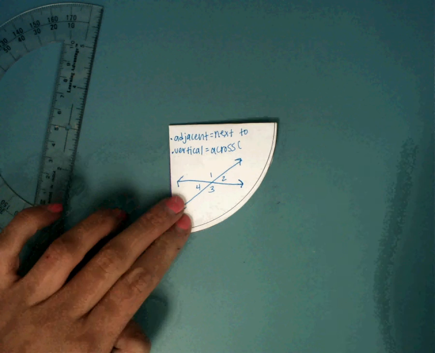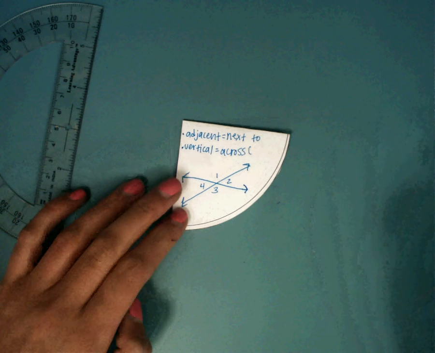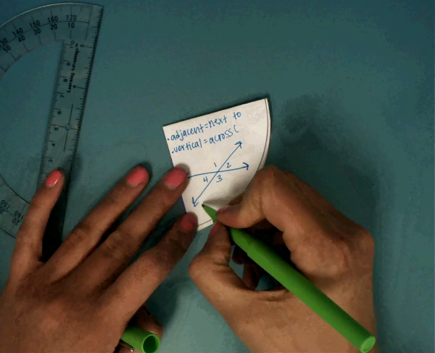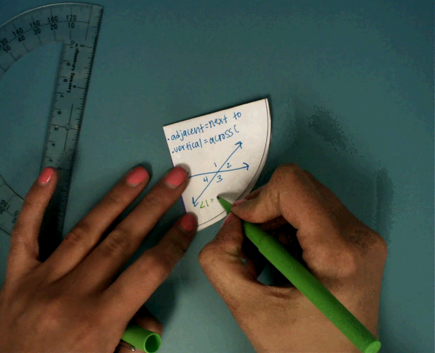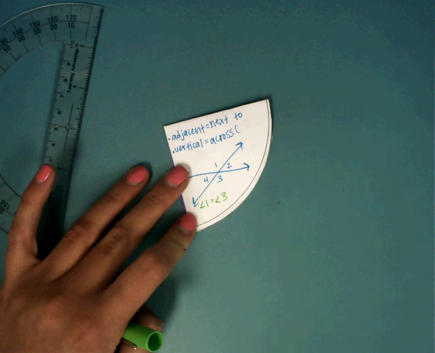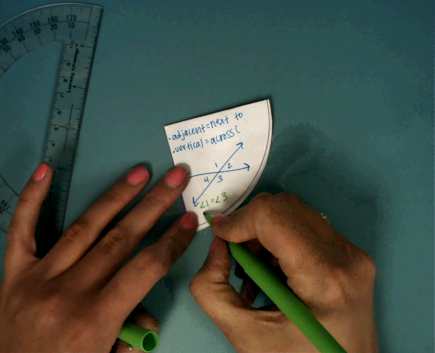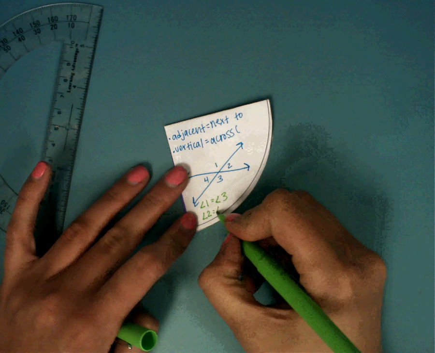So in this situation, angle 1 is going to be equal to angle 3. I've talked about that before with you guys. That also means that angle 2 equals angle 4.